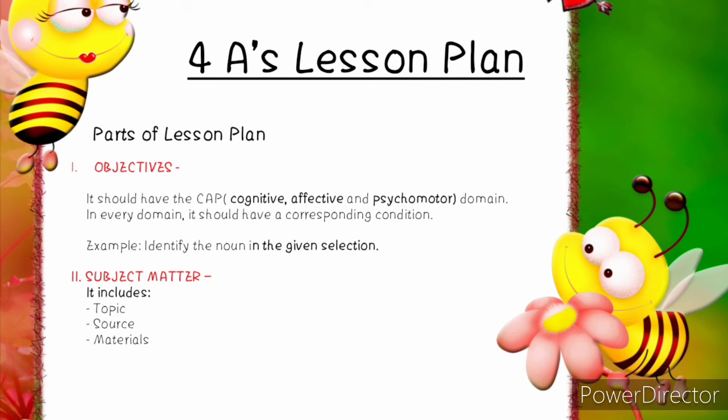C stands for cognitive, A for affective, P for psychomotor. These three are the domains in objectives. Cognitive is more on the mental capacity of the child. Affective, the emotion. Psychomotor, the motor action, like performances.